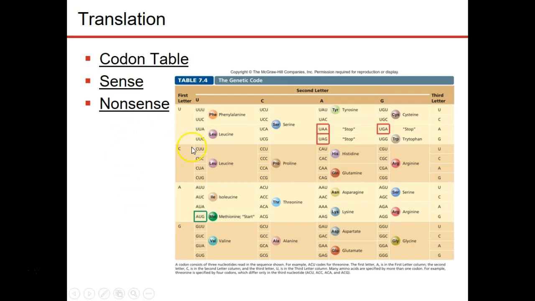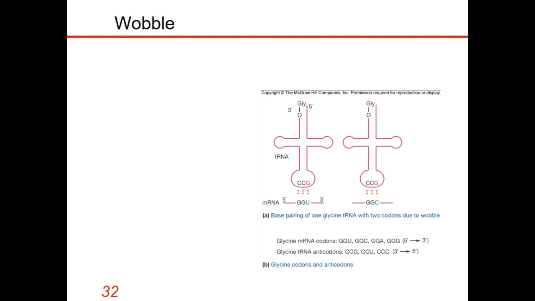The fact that we have multiple codes for the same exact amino acid, and here you see 4, 5, 6 codes for leucine, over here you have 4 codes for proline, here you have 2 codes for tyrosine, basically helps us to reduce the likelihood of mutations occurring.